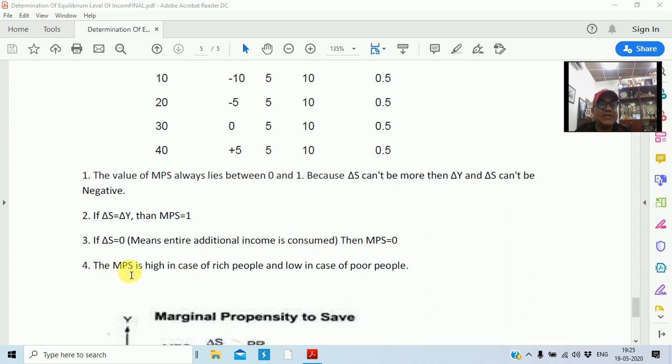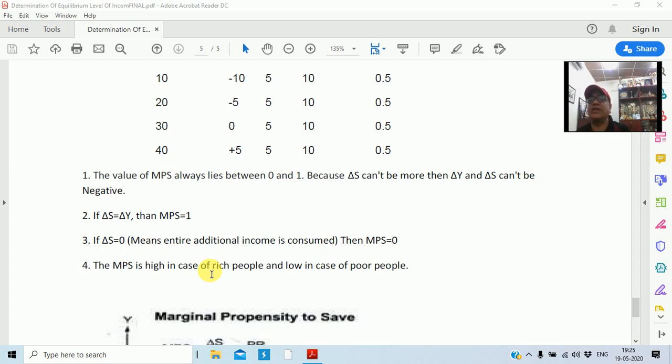The MPS is high in the case of rich people. The rich people's MPS is high because they have high income, so they save more. Poor people have low income, so a big portion of their income is spent on consumption. So they do more consumption. That's why their MPC is high and their MPS is low.